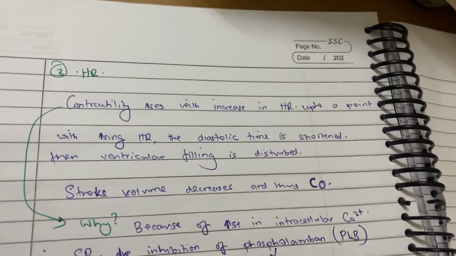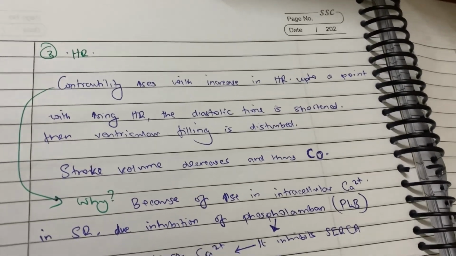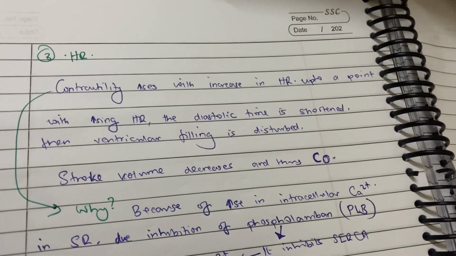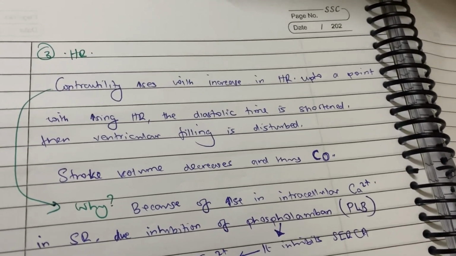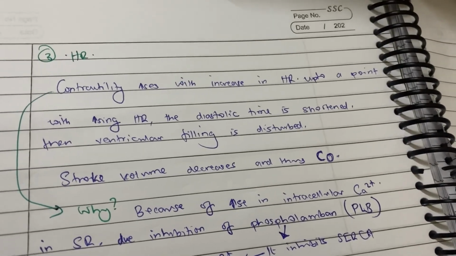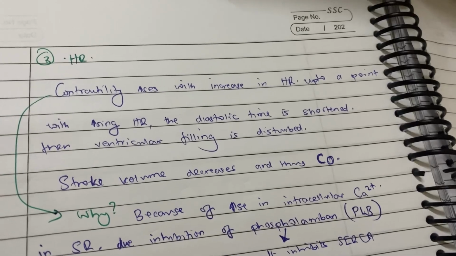So you can write: at what heart rate does contractility start decreasing?